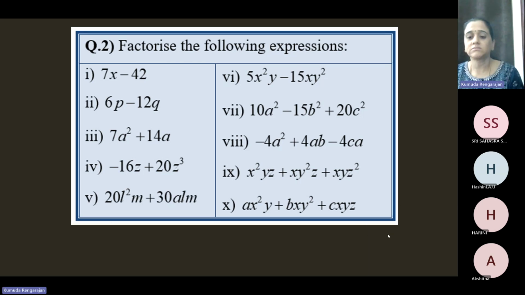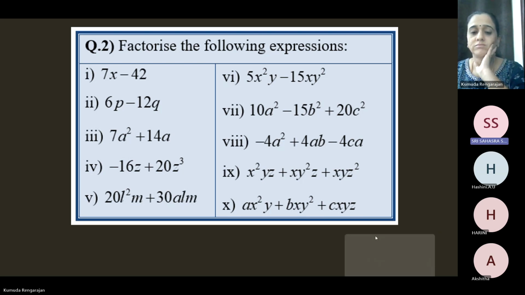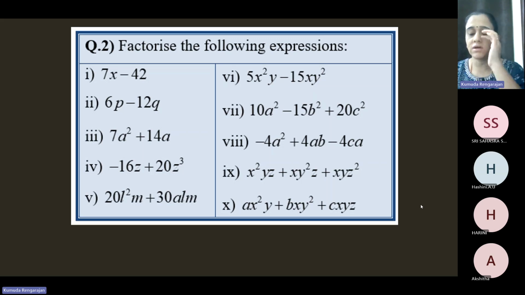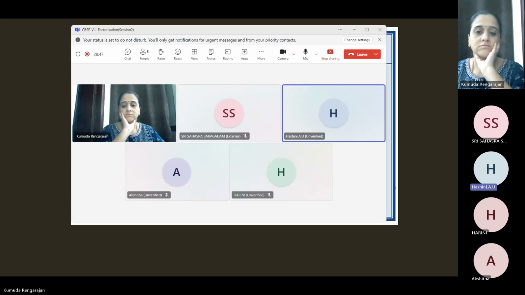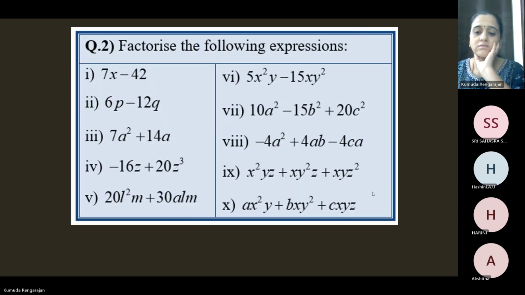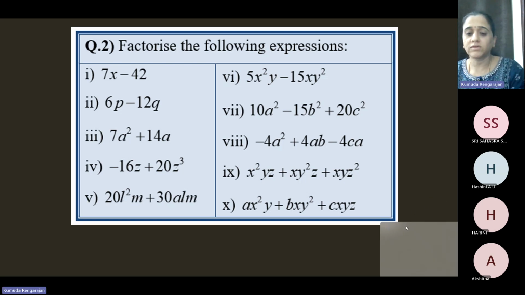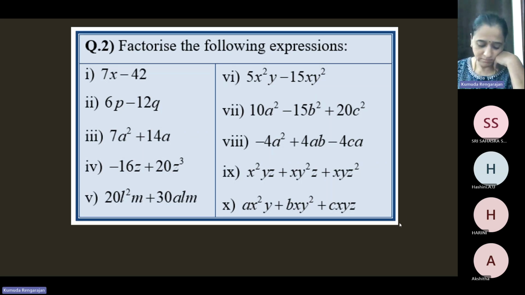Akshita, which one are you working? I have completed, Ma'am. You completed. Okay. Sahasra? Done, yes ma'am. What about Hasini? Completed, Ma'am. Harini, since you didn't attend our session, I'm not asking you. It's time to see the answers. Which one are you doing? Wait for a minute. Aditya? 9, huh? 8, okay.